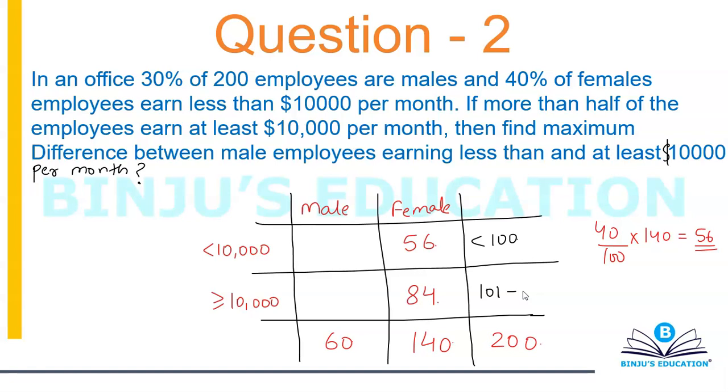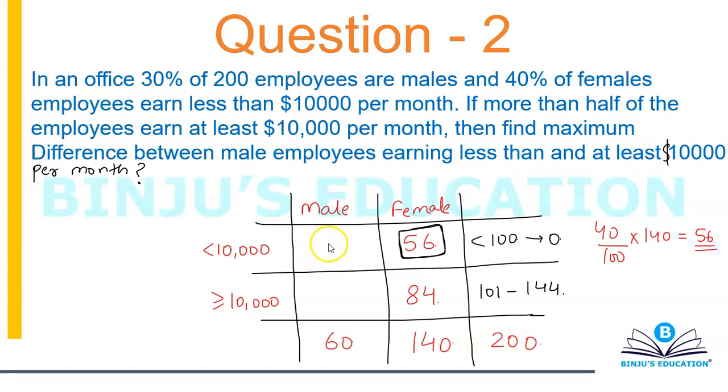But how far can it go? Can it go up to 200? No, it can't. If it goes up to 200, then this value here has to be 0, which is not possible, and the value just above it has to be 0, which is not possible. The maximum value up to which it can go is 144, because you have 56 here.